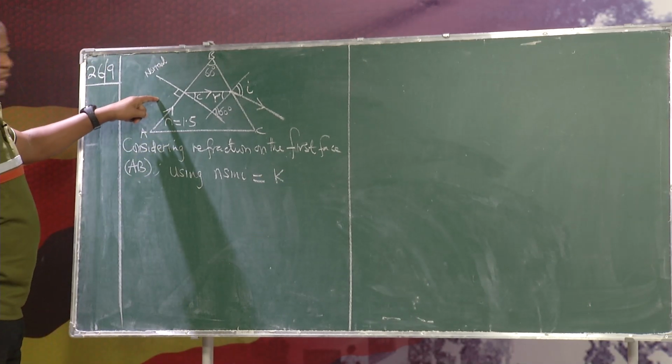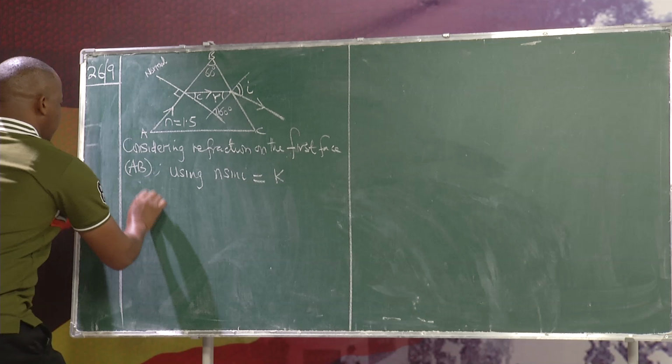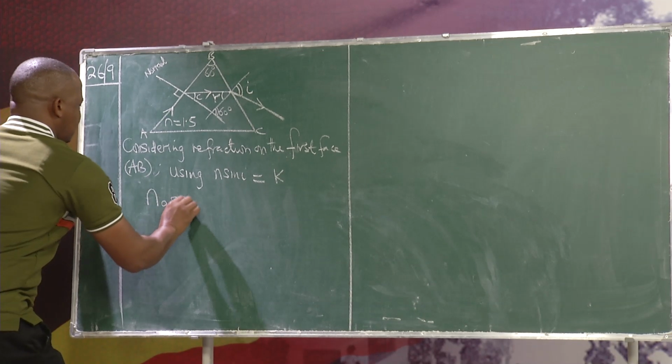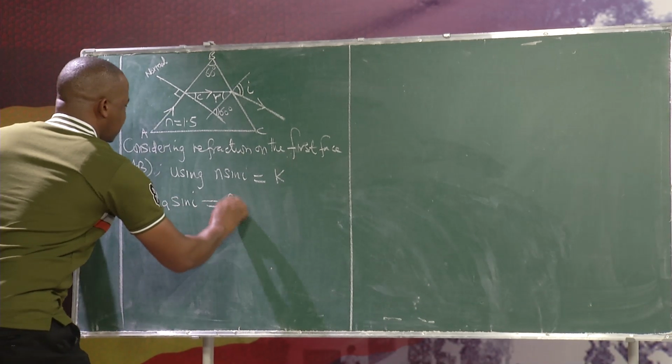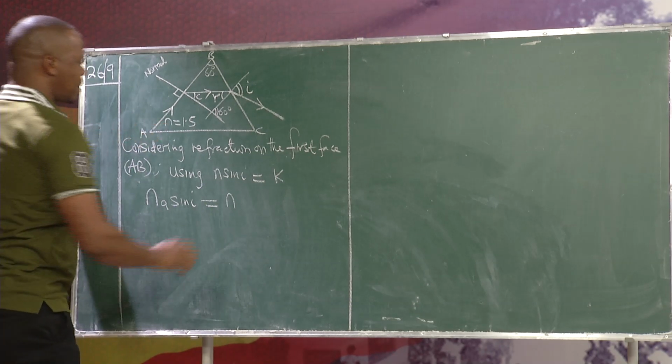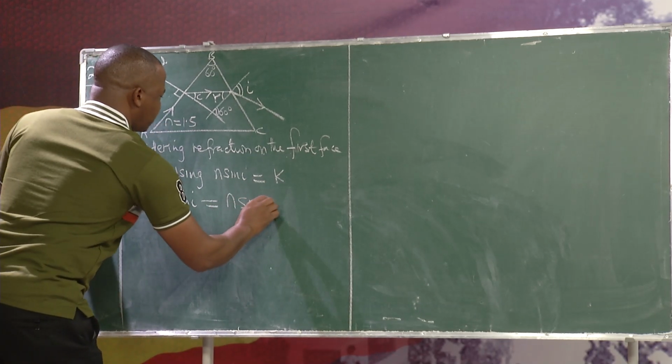Of course, this is air, this is a prism. So the refractive index of air times the sine of I will be equal to the refractive index of the prism times the sine of C.